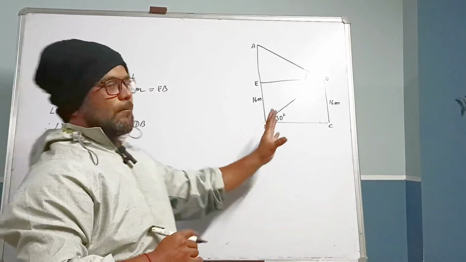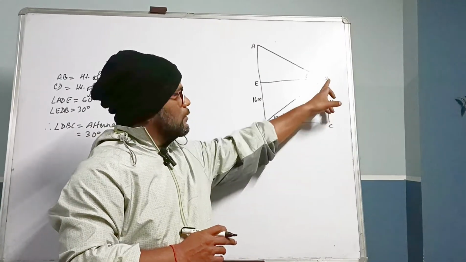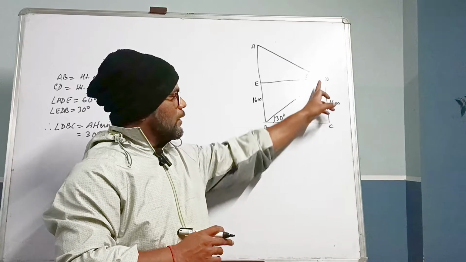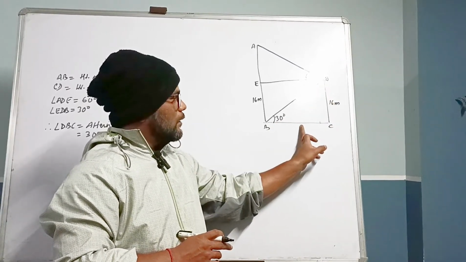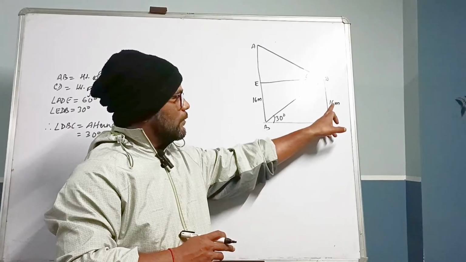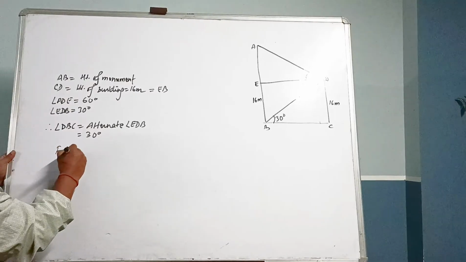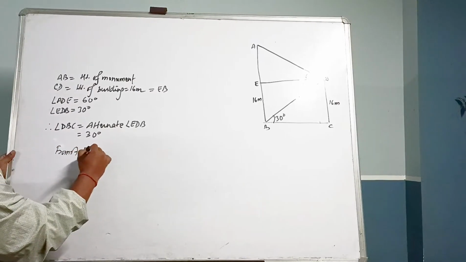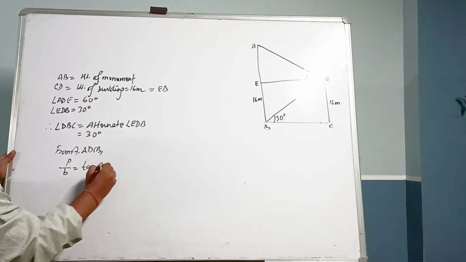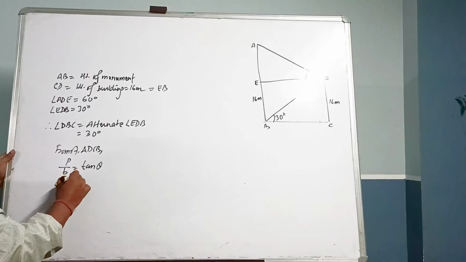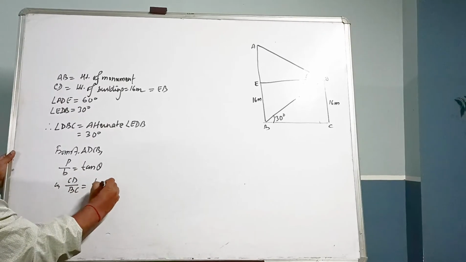Okay, so let's make a plan for how we are supposed to find this value. First of all, go to this triangle DCB. From right angle triangle DCB, perpendicular by base equals tan theta, and perpendicular is your CD, base is your BC, and tan 30 degree.